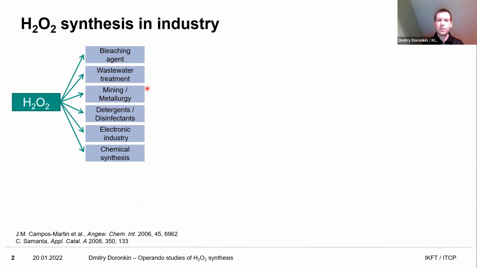Now everybody talks about the shortage of semiconductors, and one of the bulk commodity chemicals required is hydrogen peroxide. And of course, more interesting for me, it's used everywhere in chemical synthesis.